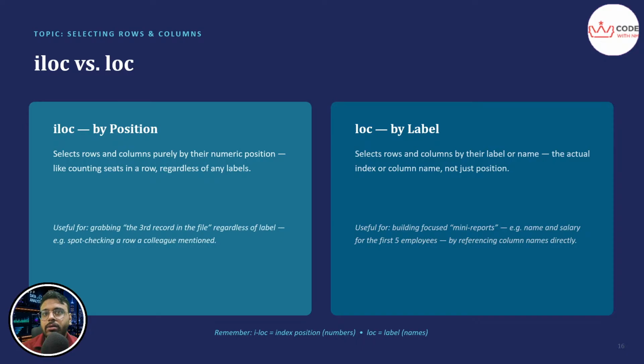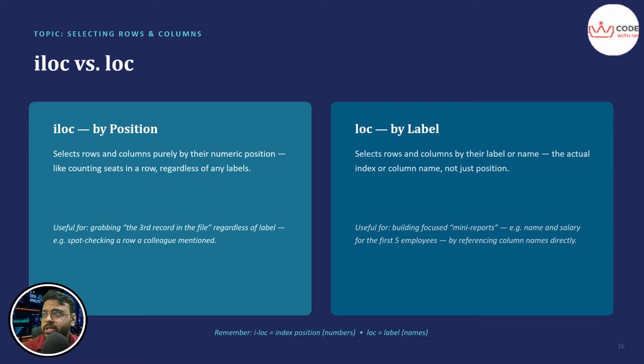A real world use case: it is useful when you need to grab, say, the third record in the file, regardless of what the file is. Commonly, when spot checking a specific row, in college you mention the third row, third guy, or fifth row, first girl. This is how we identify irrespective of their name.